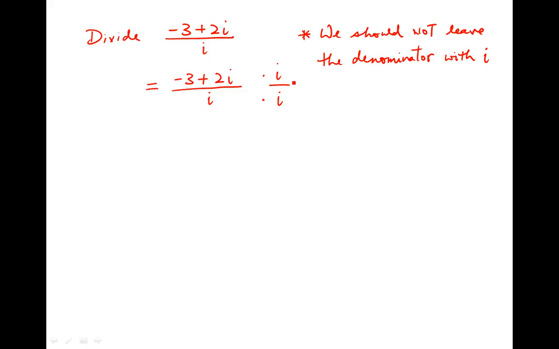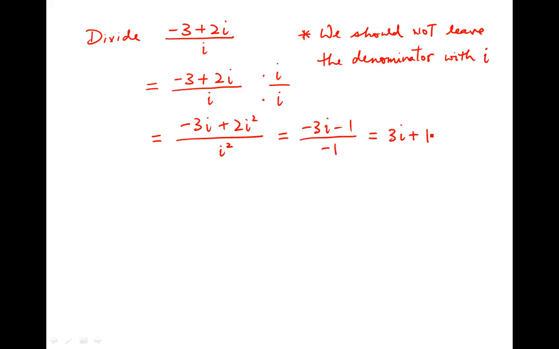So I distribute the i on the top. So I got the negative 3i plus 2i squared over the i squared. And since the i squared is equal to negative 1, we will have negative 3i minus 1 over the negative 1. So that really means it is 3i plus 1.